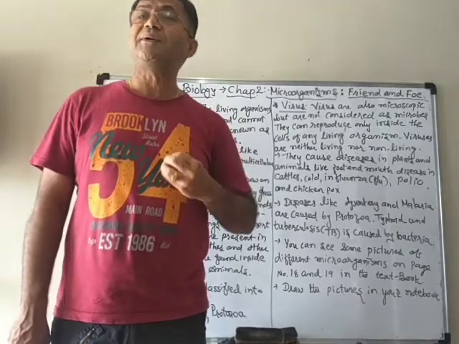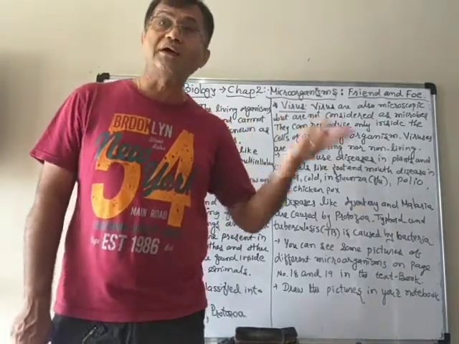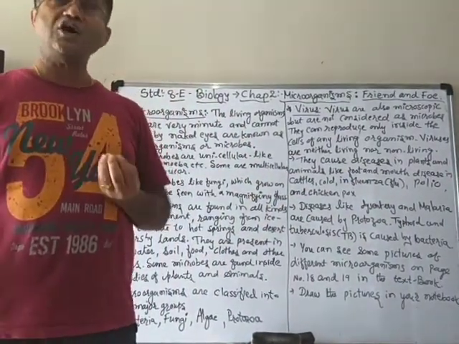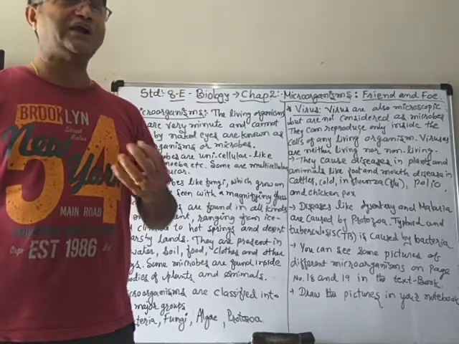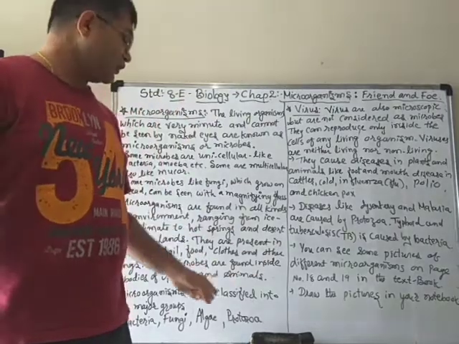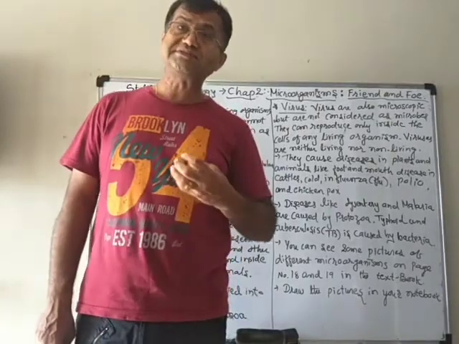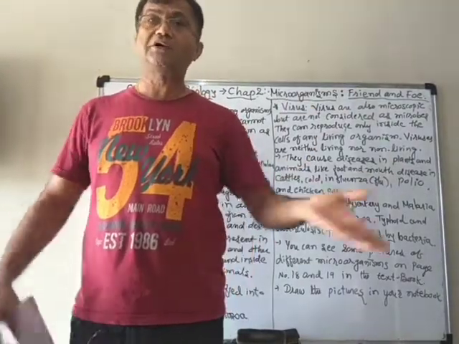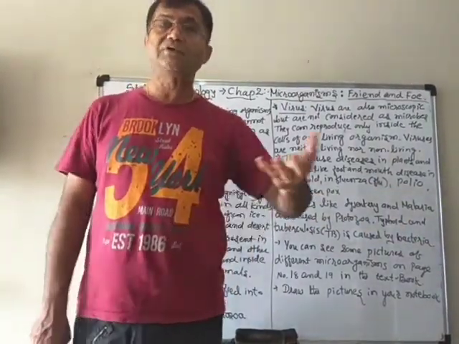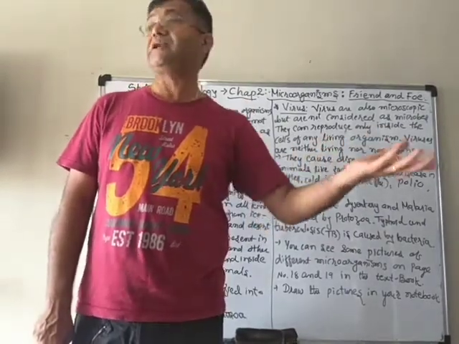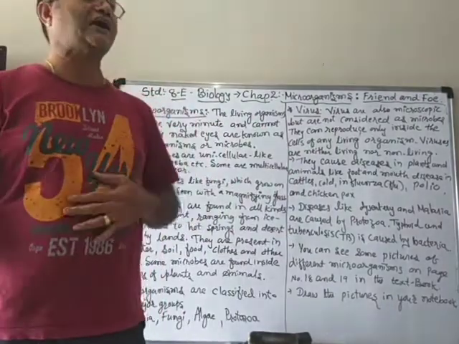It is very difficult to say whether it is an organism or a non-living thing, because viruses are totally different from all these four categories. Like we know about the current situation, the coronavirus and the disease COVID-19.